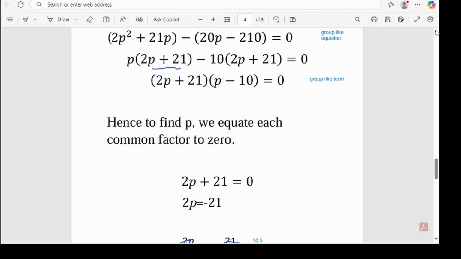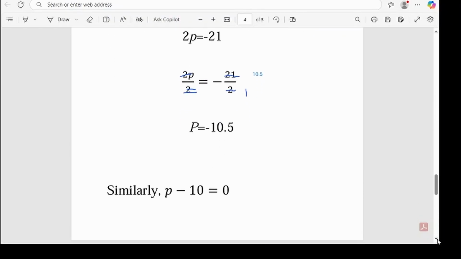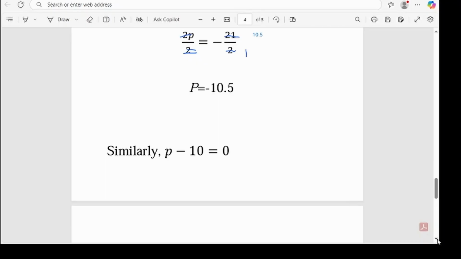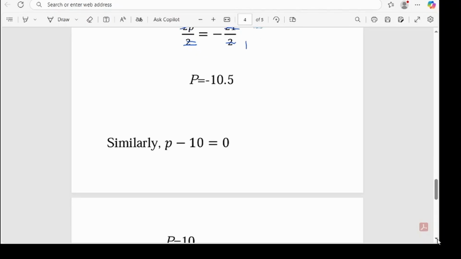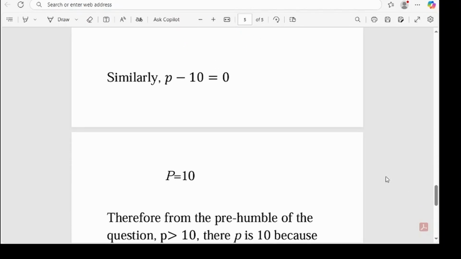p minus 10 equals 0, right? Similarly, p minus 10 is equal to 0, as said earlier on. So for p to stand on its own, negative 10 must jump the equal to sign to be at the other side of the equation.